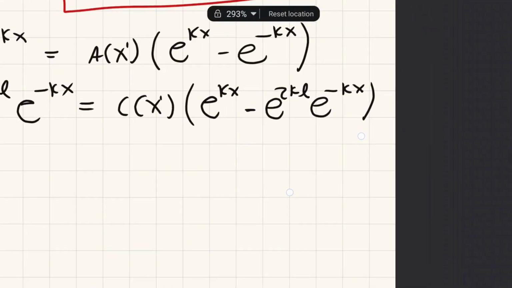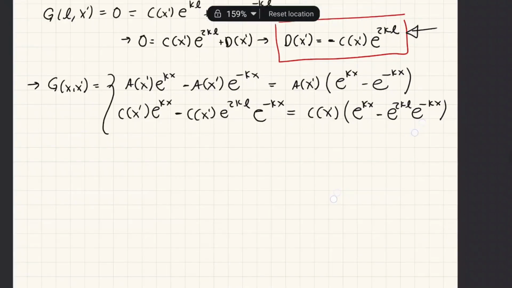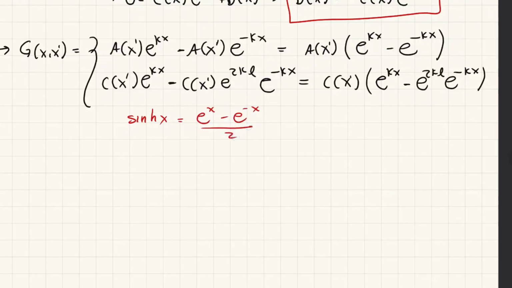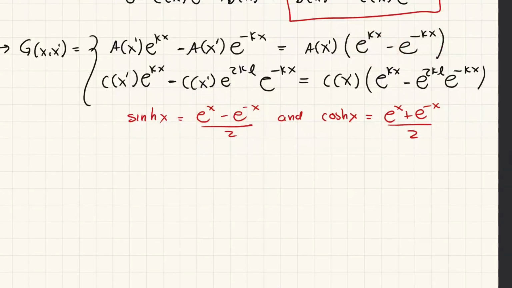And as you should know, this has a very similar structure to the hyperbolic trigonometric functions. Let's recall that the hyperbolic sine of x is equal to e to the x minus e to the negative x divided by 2, and the hyperbolic cosine of x is equal to e to the x plus e to the negative x divided by 2. So we see that this thing that we have here is actually this thing, but instead of x, we have kx.